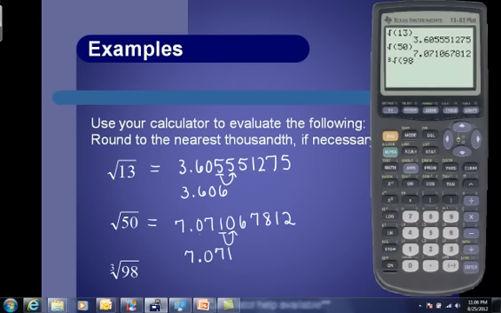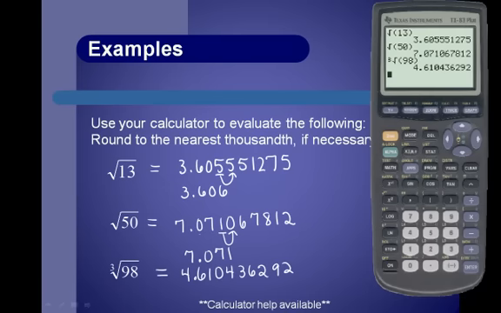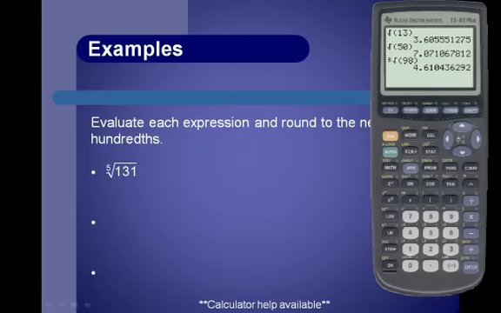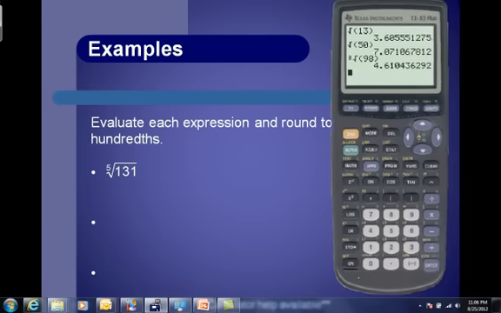We want the third root of 98. Press enter, and the answer is 4.61043. Now when we round to the nearest thousandth, we get 4.610 as an answer.